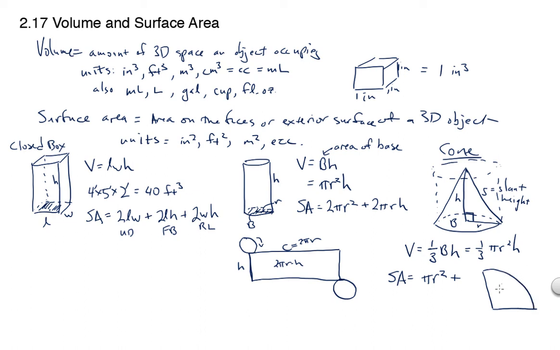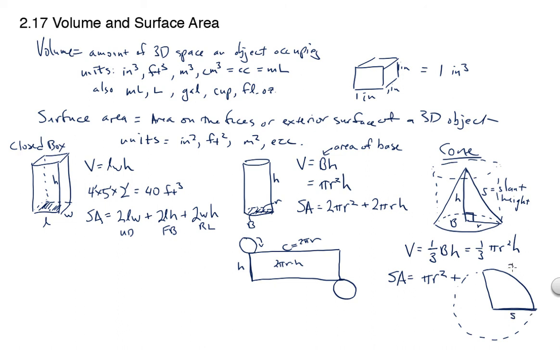Well, this area is part of a bigger circle. And I could get into the details of how we would derive this, but maybe I'll save that for another time. But the upshot of this is that this length here, after you unroll the cone, is the slant height of the cone.